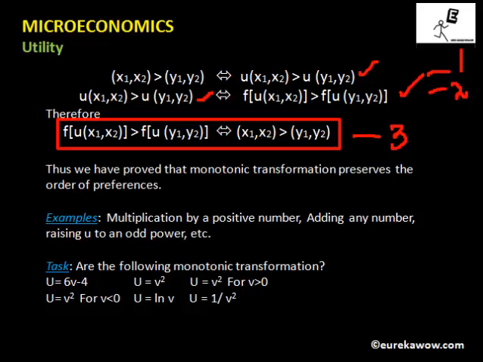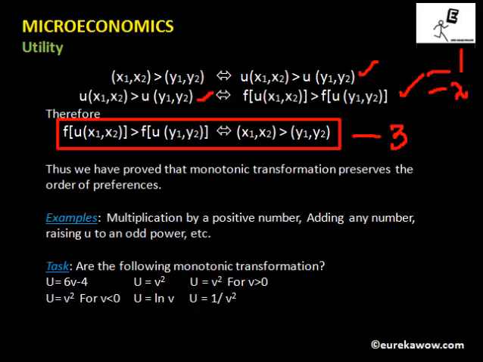So we have proved that the monotonic transformation is going to preserve the order of the preferences. If one bundle is preferred to the other, the utility from the first bundle will be greater than the utility from the second bundle. When we take a monotonic transformation, f of the first bundle will be greater than f of the second bundle, which means the order of the preference has not changed; it has been preserved.